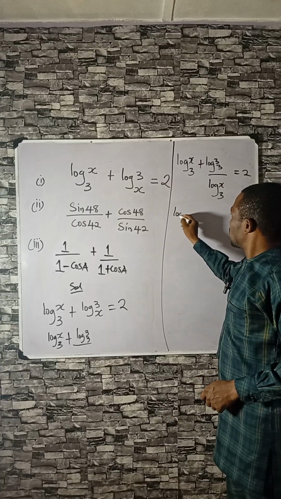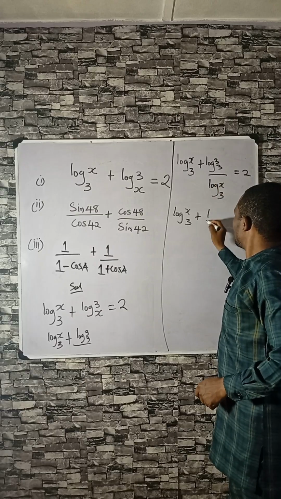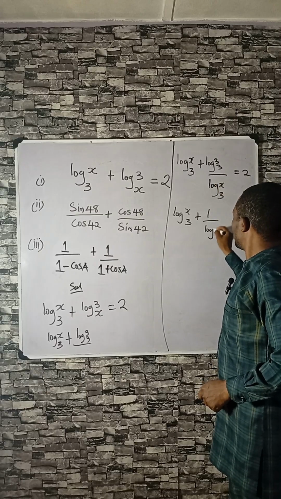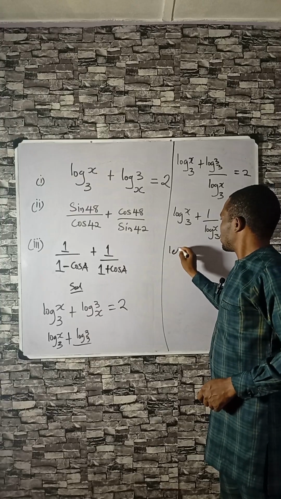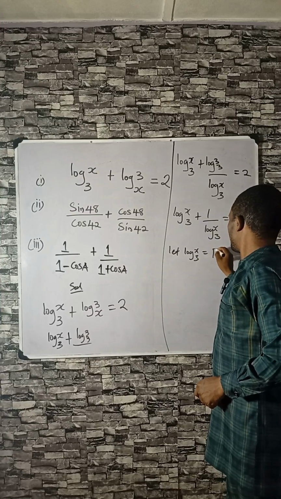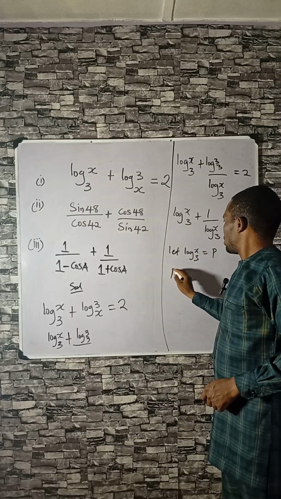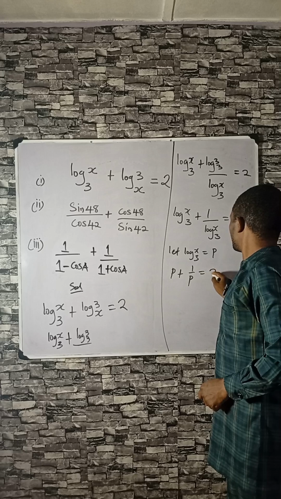So you have it as log x base 3 plus 1 divided by log x base 3 equals to 2. If I say let log x base 3 equals to p, I will have it as p plus 1 over p equals to 2.